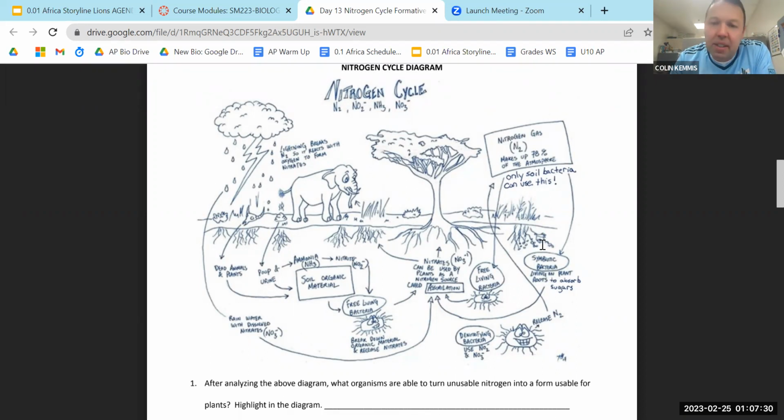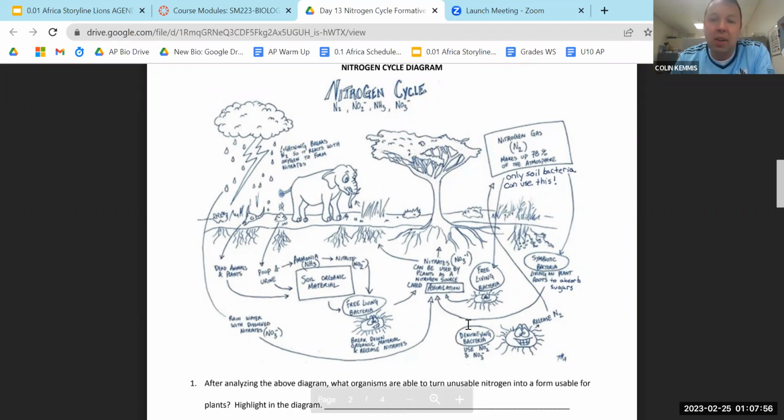So symbiotic bacteria and free-living bacteria take nitrogen and turn it into nitrates and nitrites and ammonia. These are the molecules that are useful to living things. Plants can drink them in, and then they can use them to make proteins. And then when animals eat the plants, they can digest the protein and make their own.